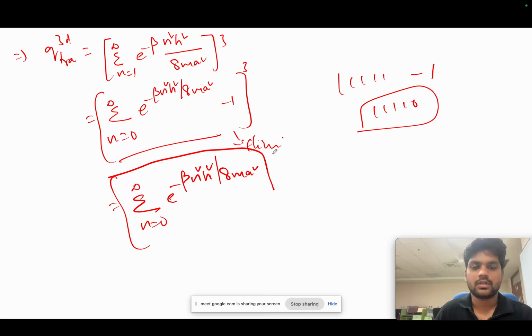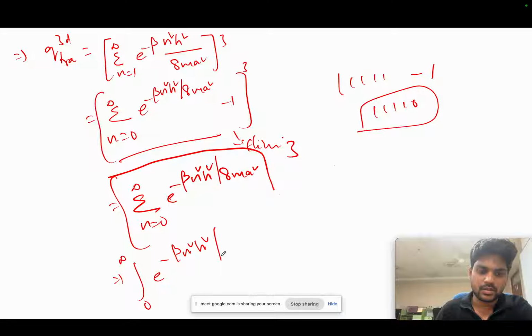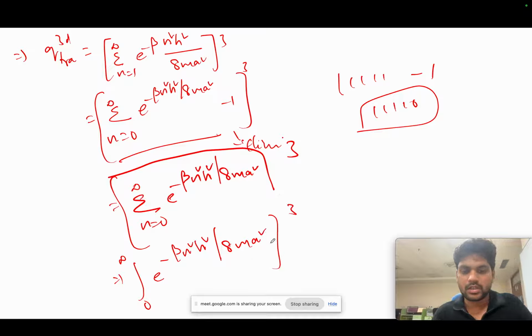Square, whole cube. So now if I integrate from 0 to infinity, it will be dn cube with respect to dn.